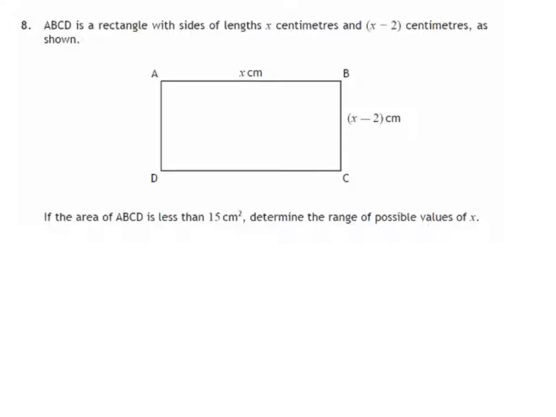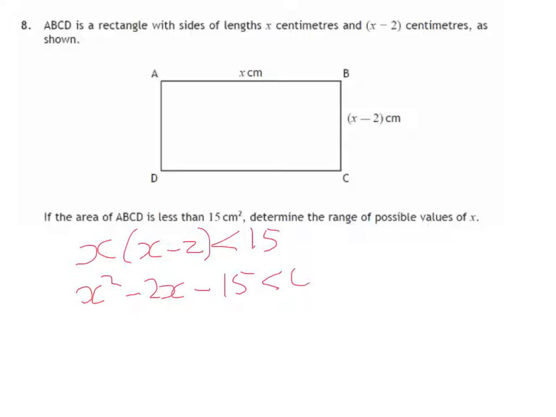Okay, ABCD is a rectangle with side length x and x minus 2 centimetres as shown. And the area of ABCD has to be less than 15 centimetres. So the area is given by x times x minus 2 is less than 15. Expanding that, x squared minus 2x minus 15 must be negative. We get this. Factorising, x plus 3 times x minus 5 needs to be negative.